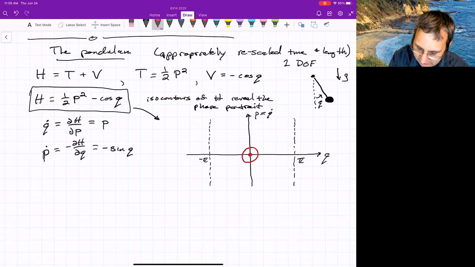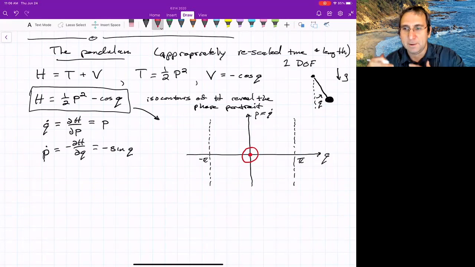So when we're in the upper half plane, P equals Q dot is positive, so the motion is to the right; Q is increasing. And when P is negative, Q dot is negative, so Q is decreasing, so motion to the left. That's how you know how to draw the arrows.